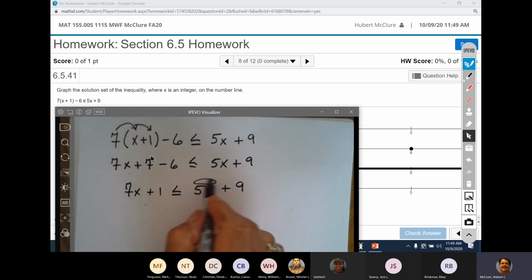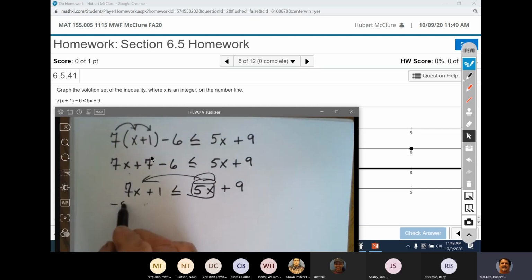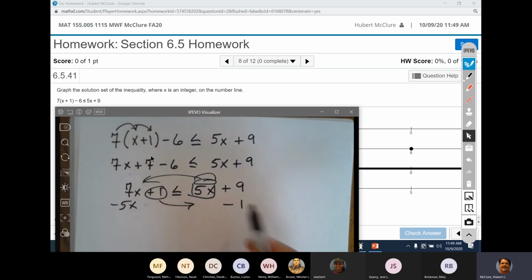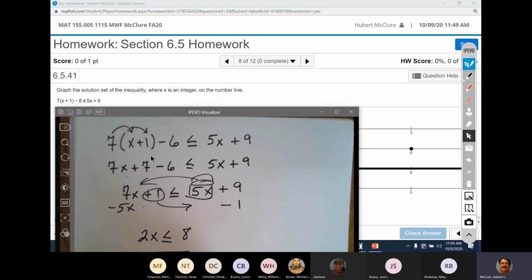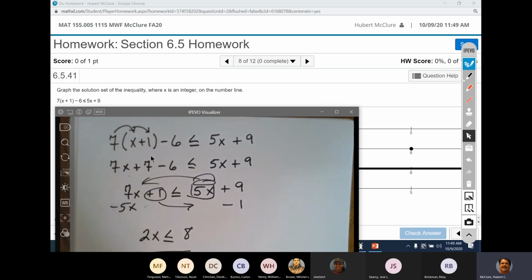This is my smallest bucket, so I'm going to move it across the river. And I get 2x is less than or equal to 8. X is less than or equal to 4. Draw it on the number line.